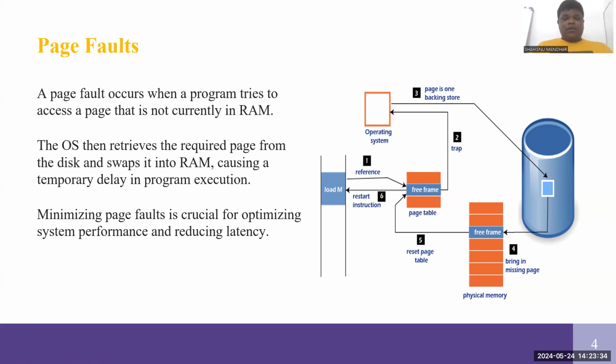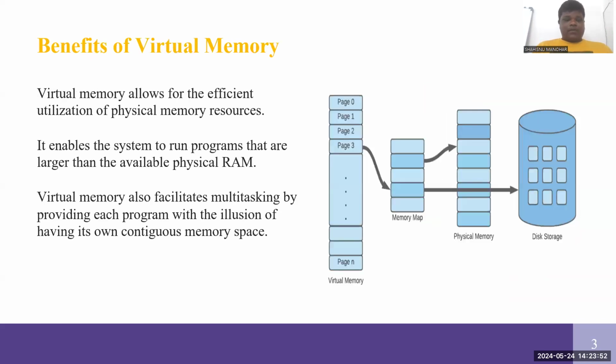So basically, all memory references within a process are logical addresses that are dynamically translated into physical addresses at runtime. This means that a process can be swapped in or swapped out of the main memory, such that it occupies different places in the main memory at different times during the course of execution. A process may be broken into a number of pieces, and these pieces need not be contiguously located in the main memory during execution.